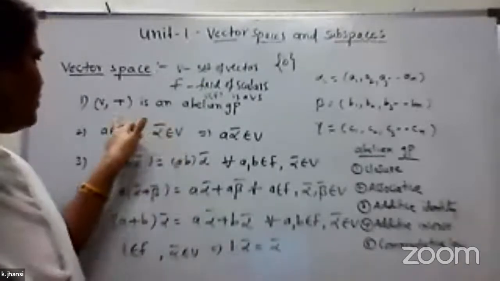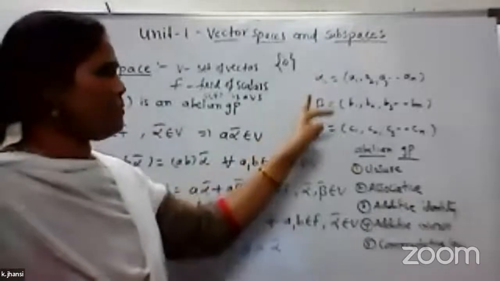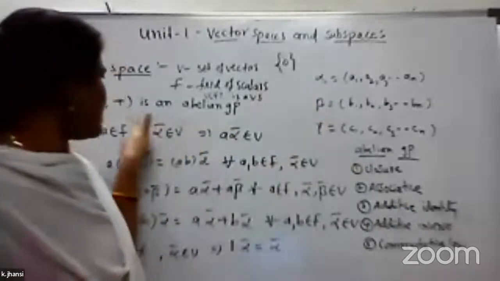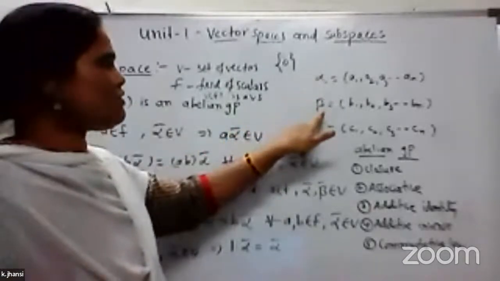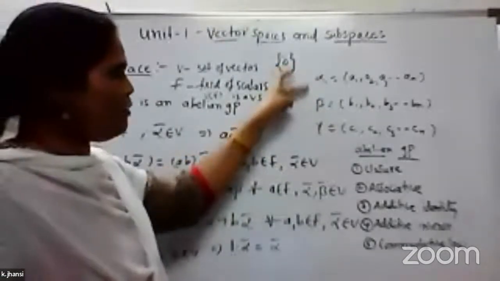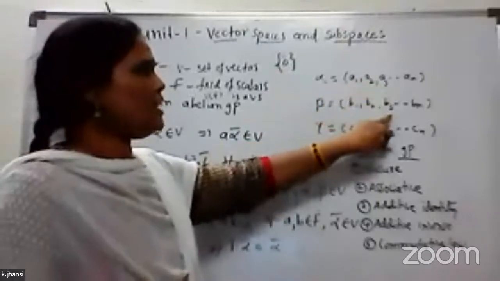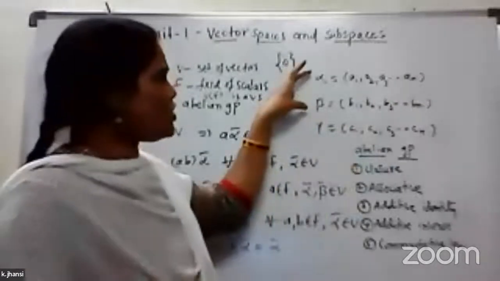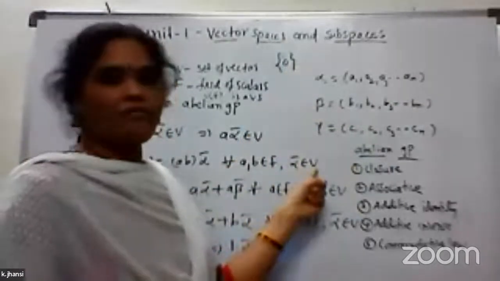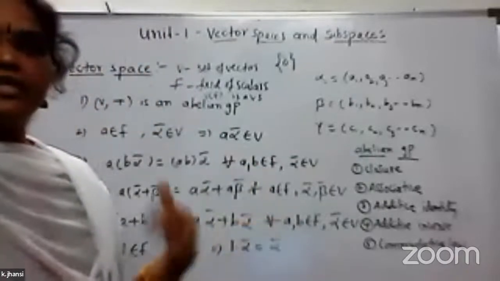Okay. So you can see here, closure means addition of 2, that is alpha plus beta, with respect to the binary operation plus. So if alpha is this one and beta is this one, when you add both of them, you will get A1 plus B1, A2 plus B2, comma A3 plus B3, and so on up to AN plus BN. So the combination of these two will be in the set of vectors V. Therefore, the closure property is satisfied.